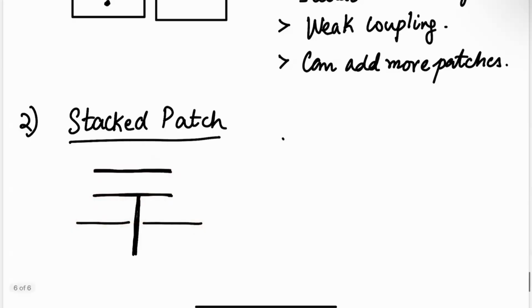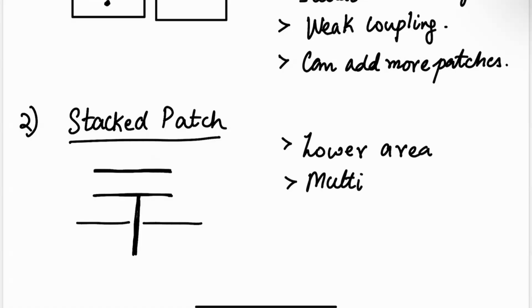Okay. But the nice thing about this is that it's lower area. But of course, you need multi-layer PCB. That can be more expensive, but you have very strong coupling, right?